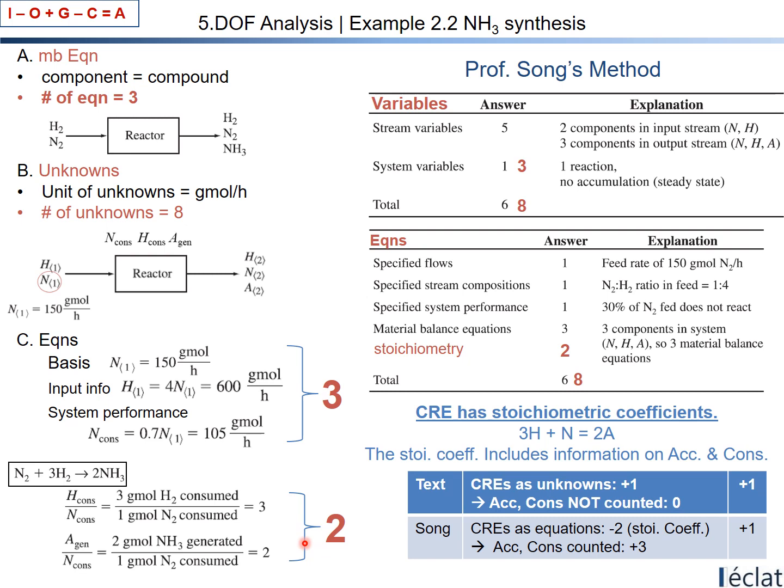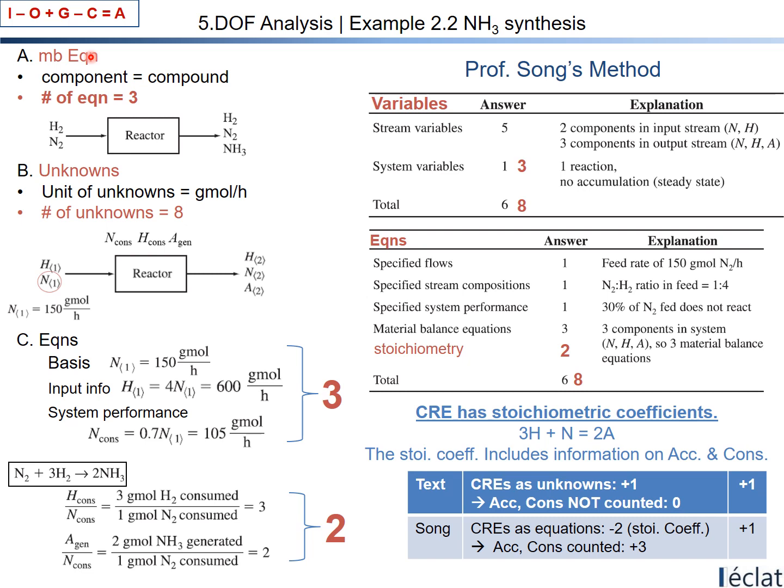So right now we have totally 3, 6, 8 equations, and you have 8 unknowns. Then you could solve this problem. So this is my method. I mean, the number of variables is 8 and the number of restrictions is 8. And then finally, you have 0 degrees of freedom.